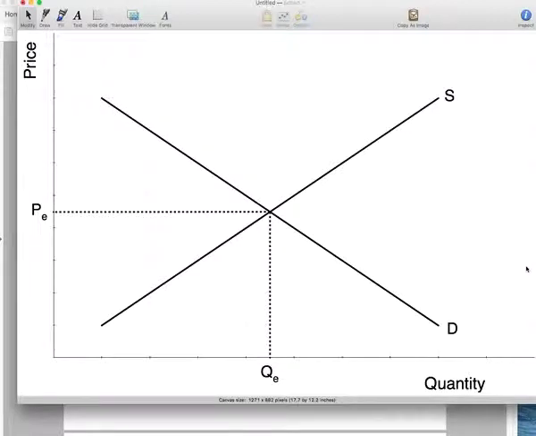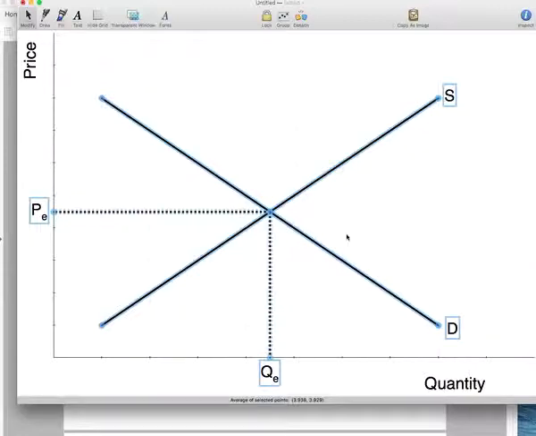So again, this is your starting point for any problem graphically that asks you to start with a market in equilibrium. As you can see, we have a downward sloping demand curve, an upward sloping supply curve. Where they intersect gives you the equilibrium price and the equilibrium quantity. Let me get these all highlighted again. So we have the equilibrium price and the equilibrium quantity.